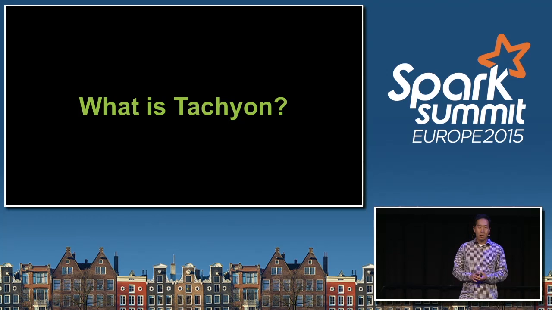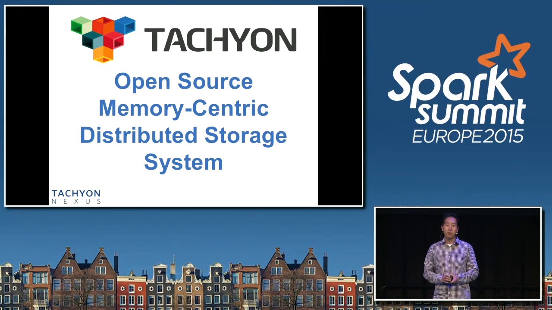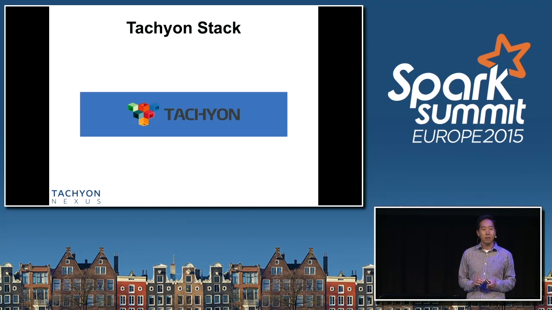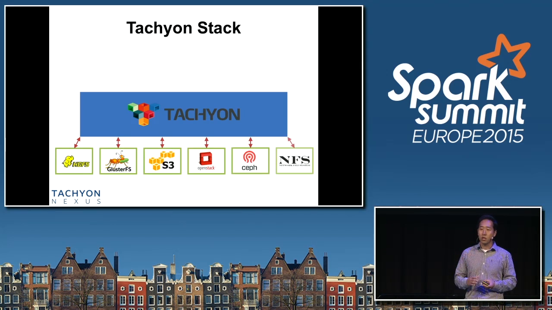So you might be asking yourself, what is this thing called Tachyon? Well, it's an open source, memory-centric distributed storage system. To get an idea of how that fits in with everything, I'll show you a little picture. Tachyon is a layer that sits above existing storage systems that you may already have.